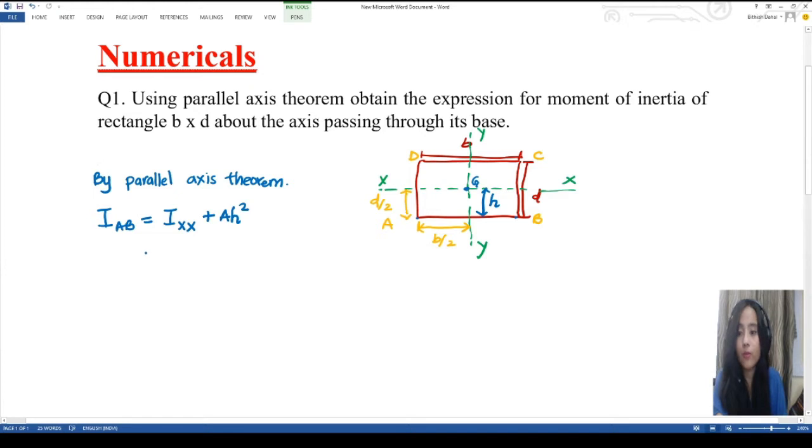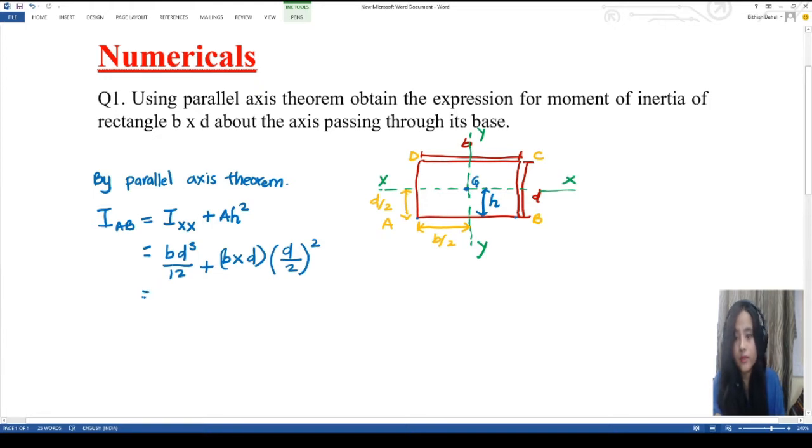Now let us find moment of inertia about IXX. How much will it be? For rectangular section, it will be BD cube by 12 plus what will be the area of this rectangle? It will be B into D, right? What is the height between these two? The difference of height between these two axes is D by 2 and its whole square.